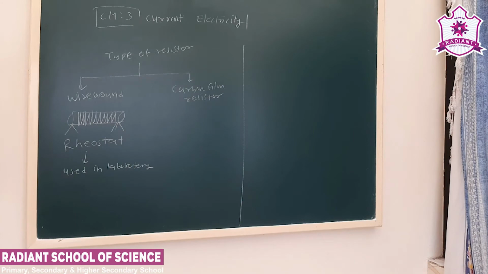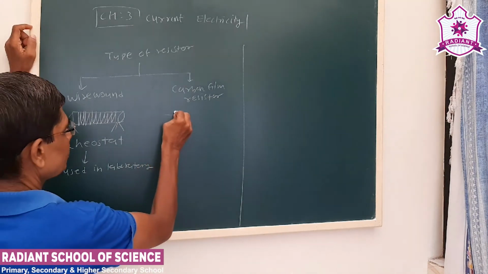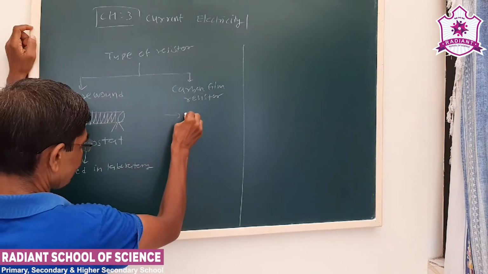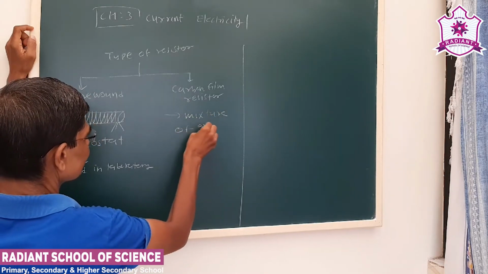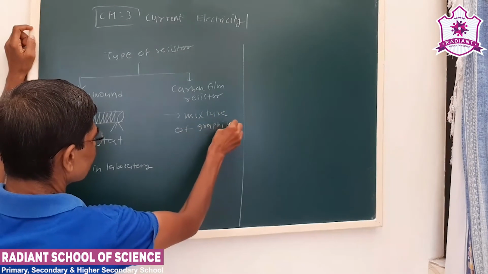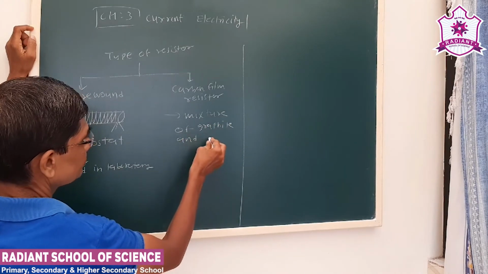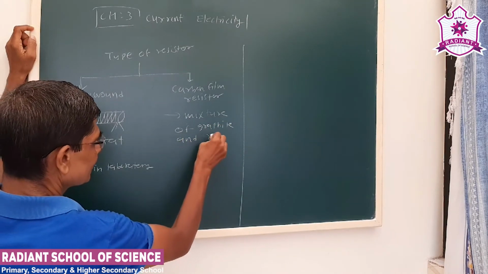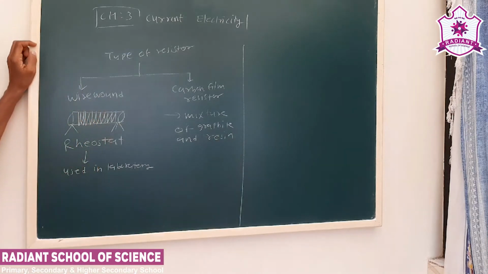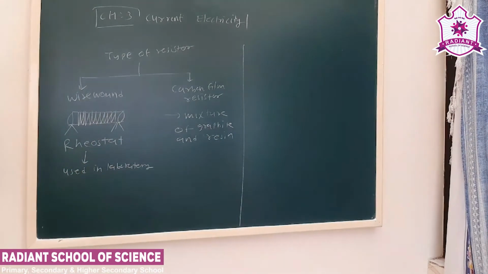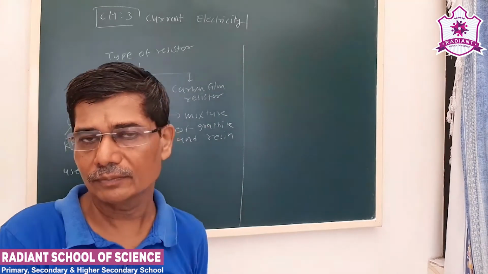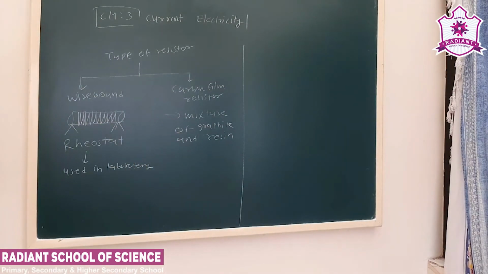The carbon film resistors are made up of a mixture of graphite and binding material, that is resin. Okay. Now nowadays you are familiar with a number of electronic circuits. Those who have hobbies in this may have made some small projects in the earlier standard. They are used to studying this.